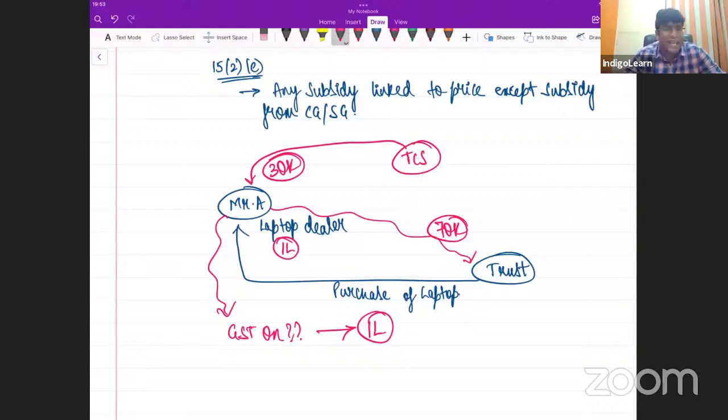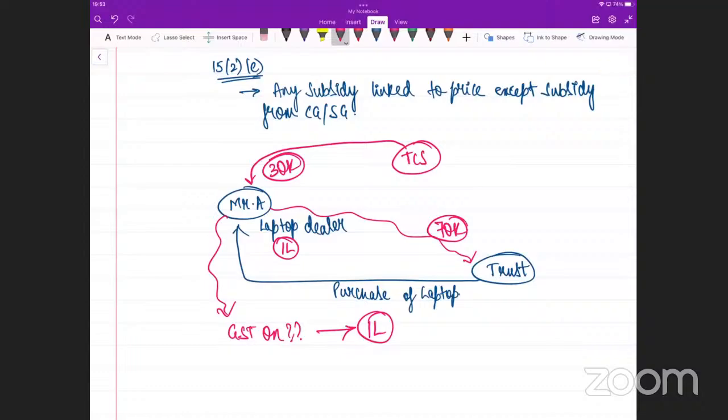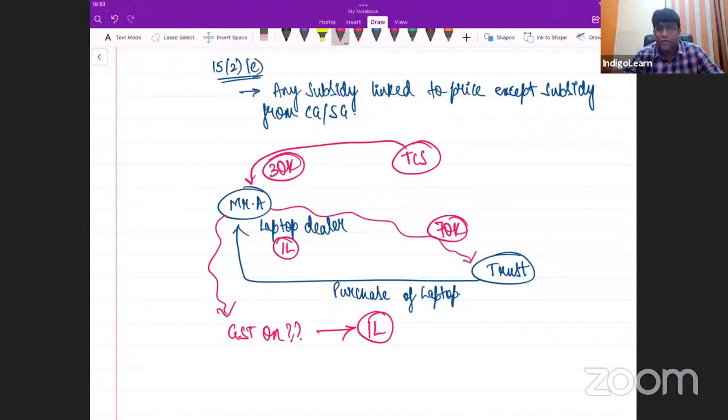Then 15(2)(c), all incidental expenses or anything charged by supplier from recipient. 15(2)(d), any interest, late fees or penalty charged by supplier from recipient. And finally, the last one, 15(2)(e), which talks about any subsidy linked to price except subsidy from central government or state government. That is included in value of supply. That is the story of this concept of 15(2), inclusions to transaction value.